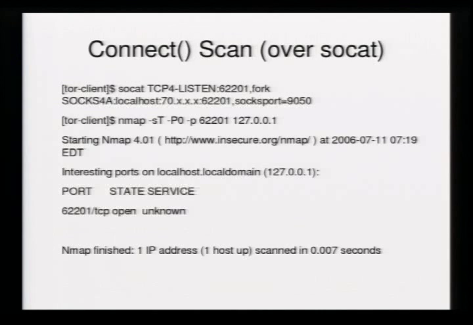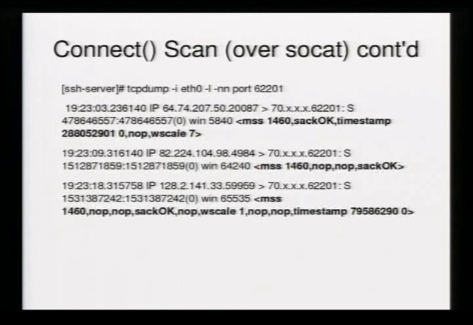If we use a connect scan against localhost, again, the port is open because we're listening on port 62201. And if we do a tcpdump on the server side, this comes out of the Tor network now. We do see traffic over port 62201.